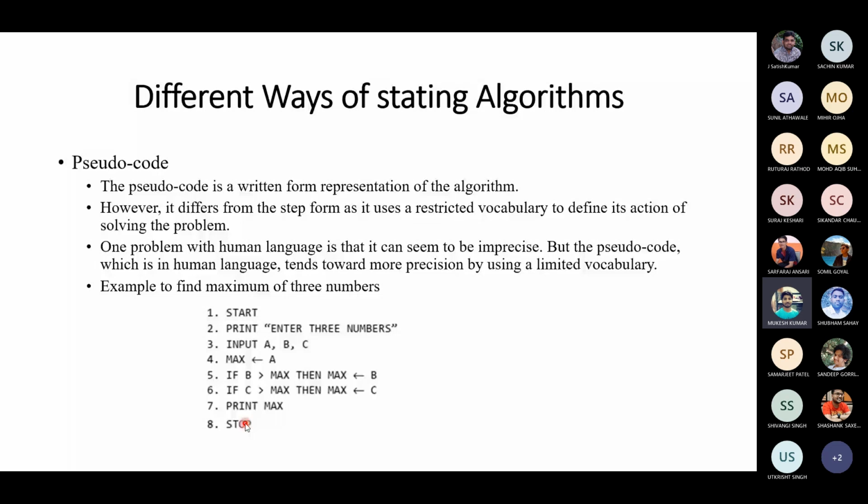So the most recommended way of defining your algorithms is pseudocode. In most of the classes that we are going to study in the coming future, we are going to see all our algorithms in terms of pseudocode.